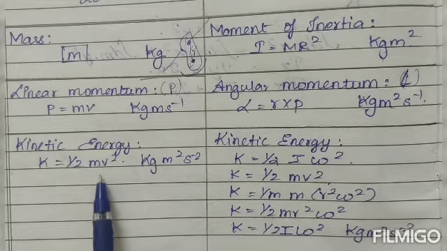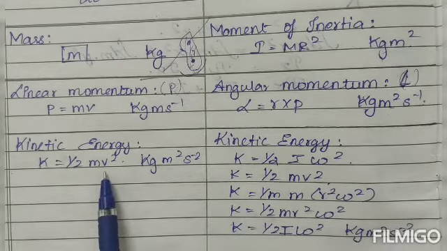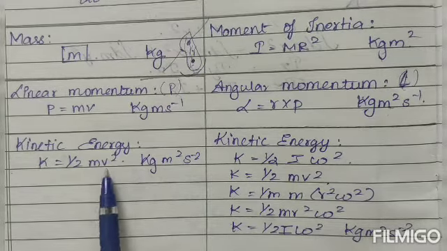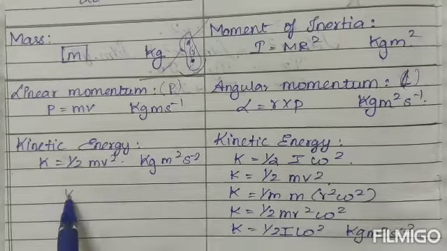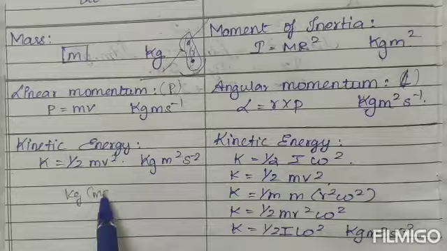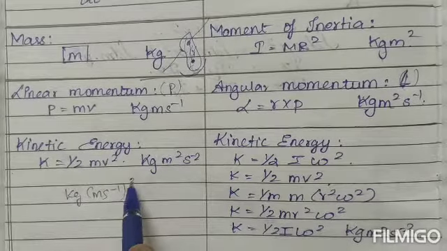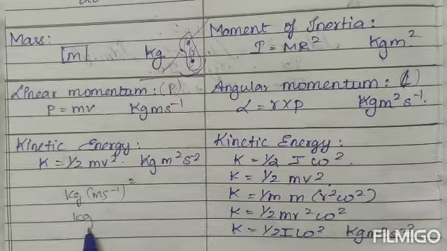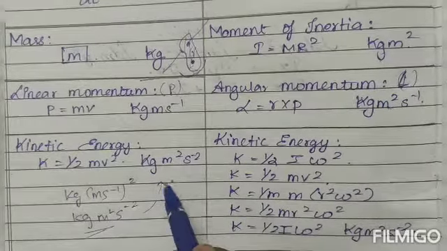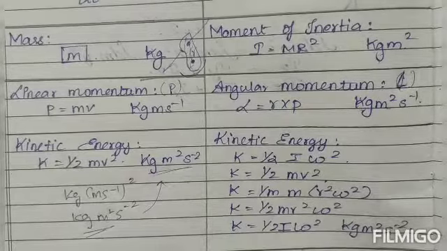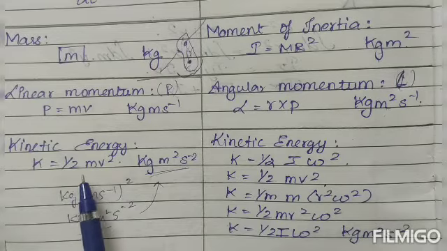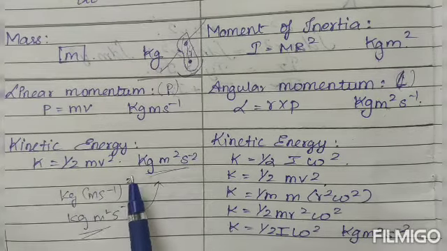The mass unit is kilogram, the velocity unit is meter per second, then the whole square. So we can say kilogram meter square per second square. This is the unit for kinetic energy. The formula for kinetic energy in linear motion is K equal to half mv squared.